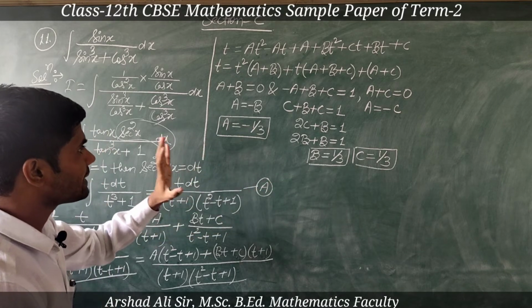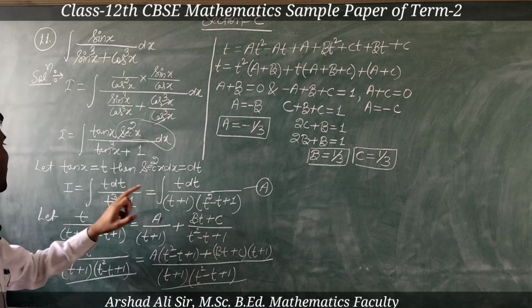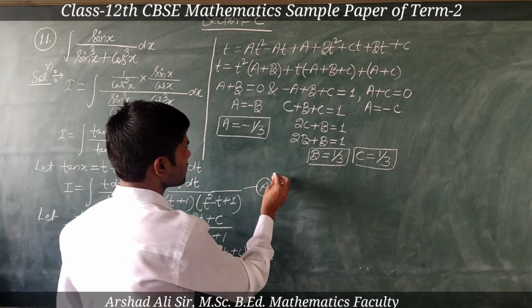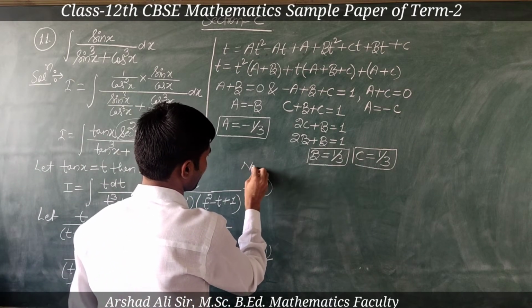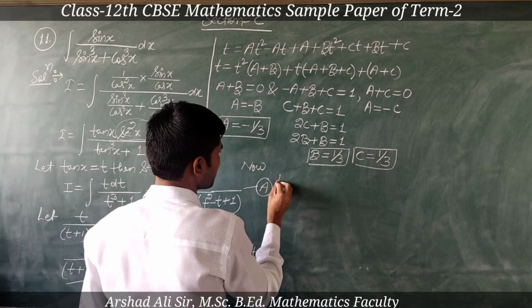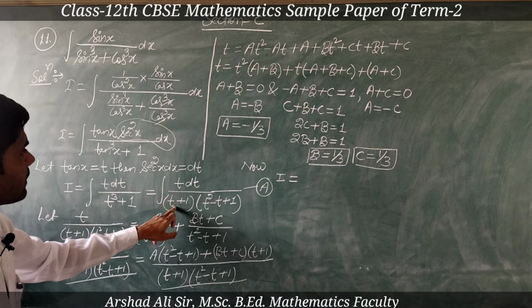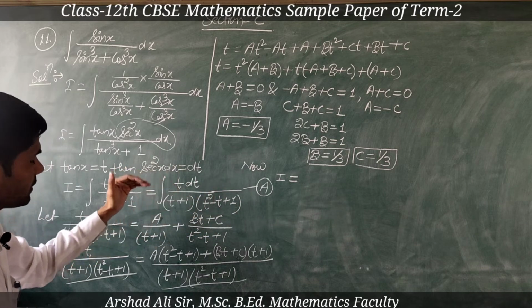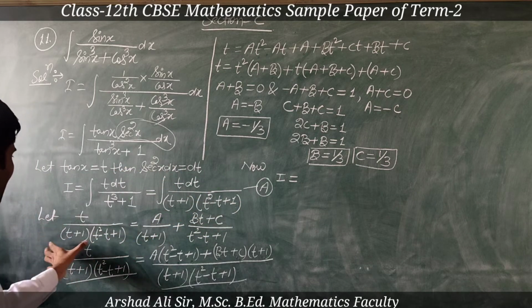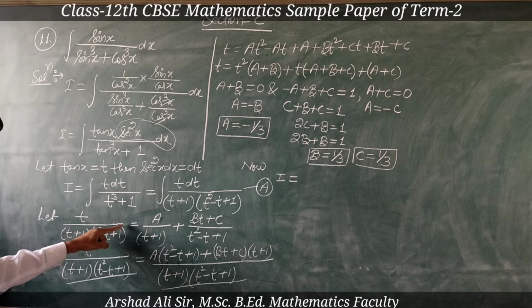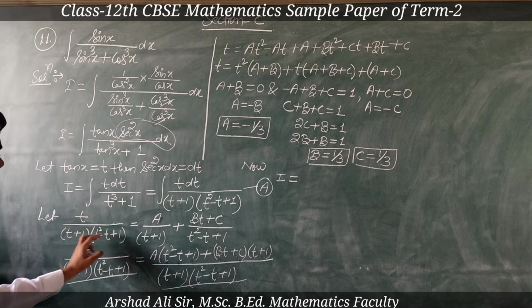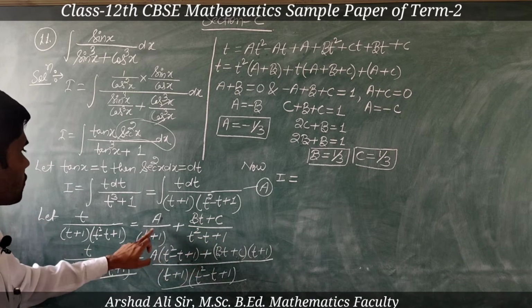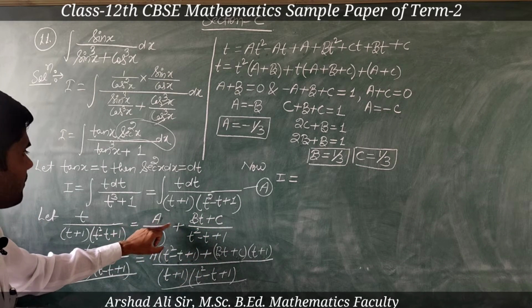Now we can put these values in equation A. Okay, it is our equation number A. So here, now I is equal to the integral of t dt upon (t plus 1)(t square minus t plus 1), and we have changed this into partial fractions, because instead of this term we can write a upon t plus 1 and (bt plus c) upon t square minus t plus 1. So we can put the values of a, b and c.